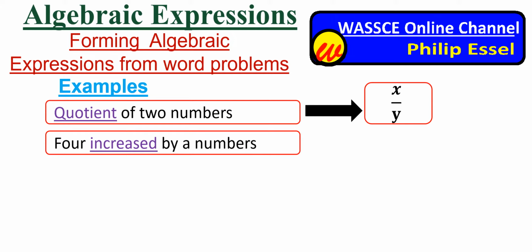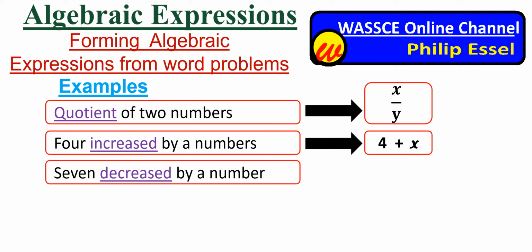That unknown number we do not know, so we would represent it by a variable. Let's use the variable x. So how do we increase? We increase by adding. So if we have 4 increased by an unknown number x, it means that we would have 4 plus the unknown number x.